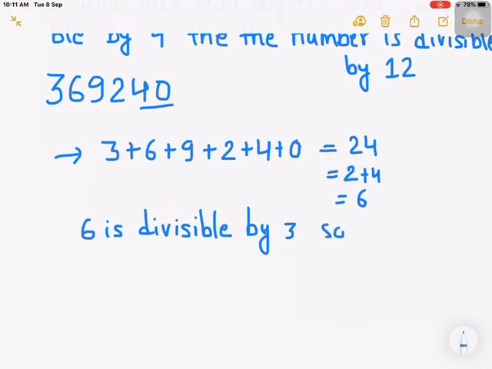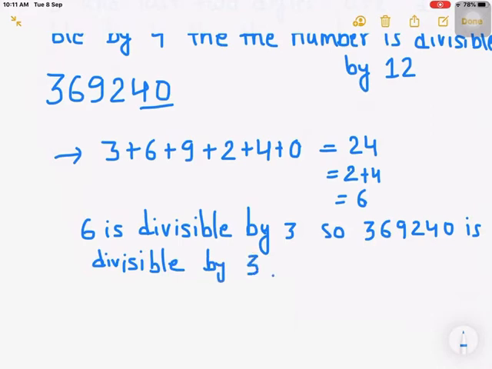So 3 6 9 2 4 0 is divisible by 3, isn't it? By 3, it meets the first condition.